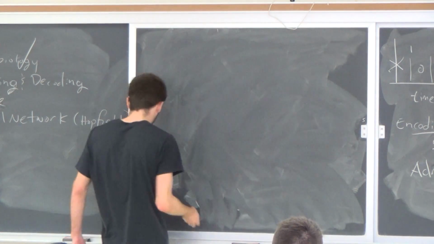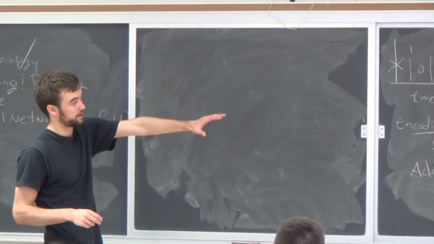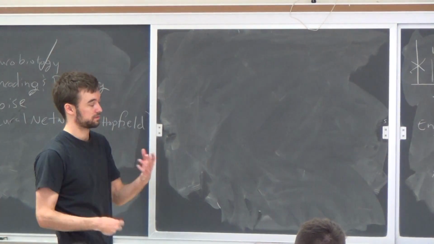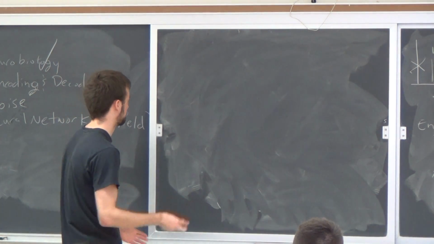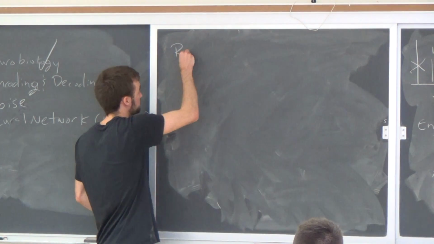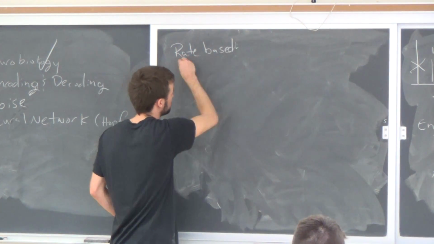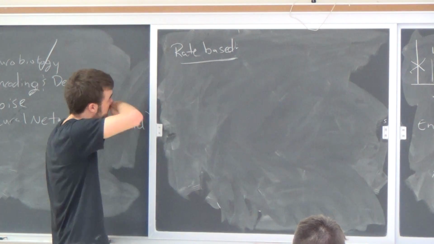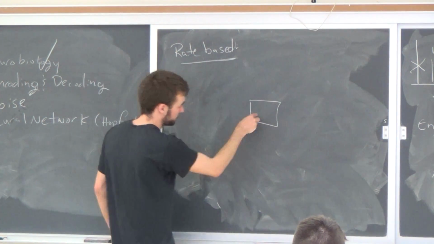The first model doesn't just use this binary representation, but takes into account other spikes and the timing. It's the rate-based model. What does that mean?